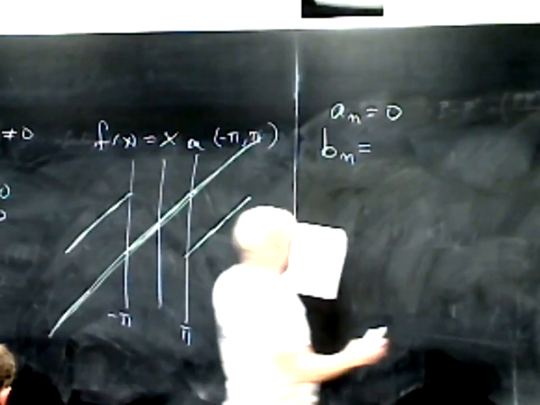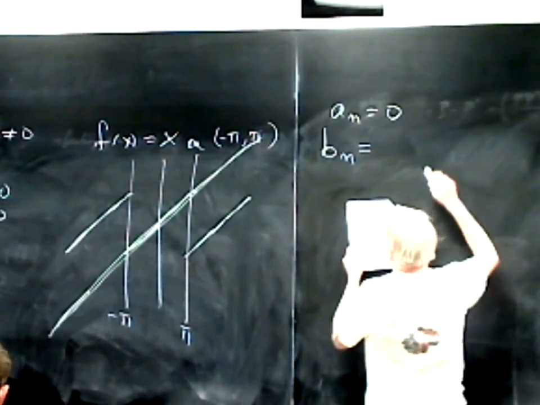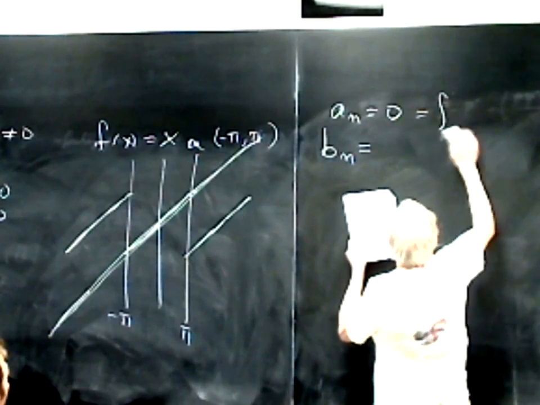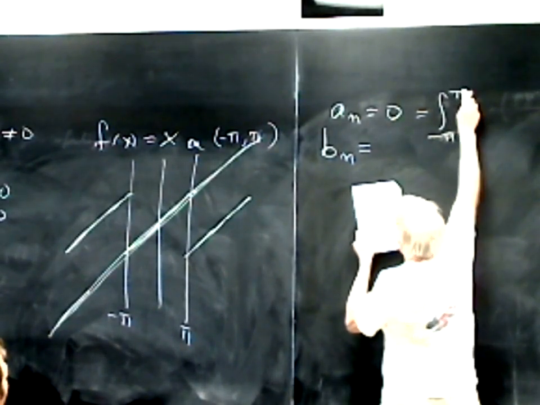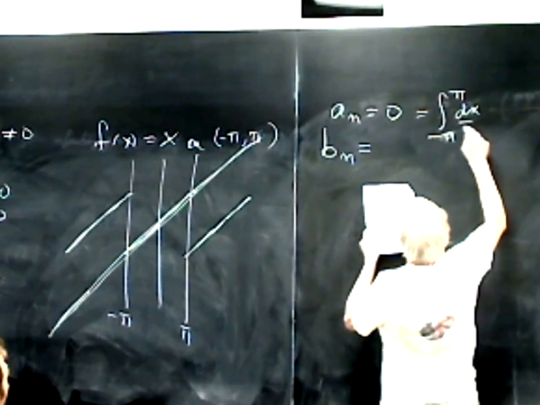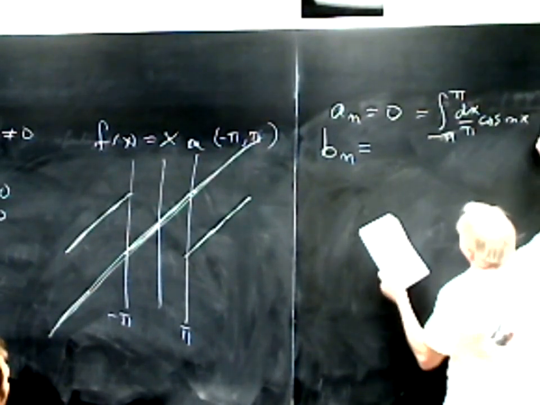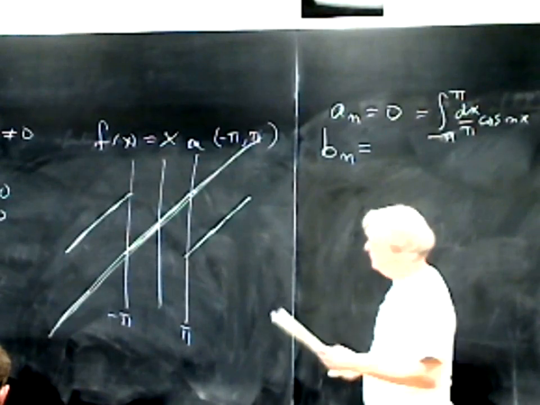In other words, this would be the integral from minus pi to pi, dx over pi, cosine nx times x. And so that's clearly 0.